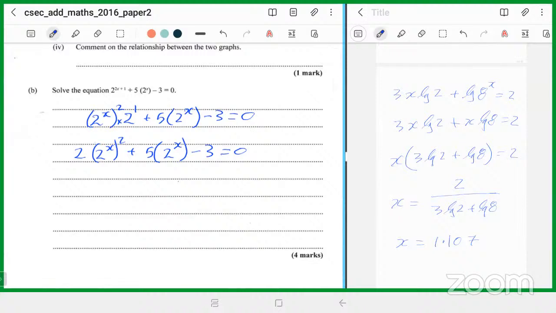I'm going to factorize this as is. These are prime coefficients, so it factorizes easily.